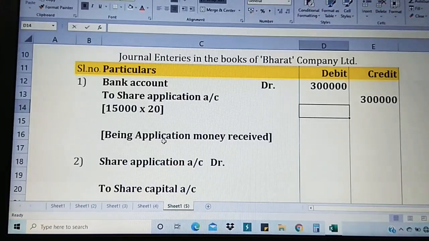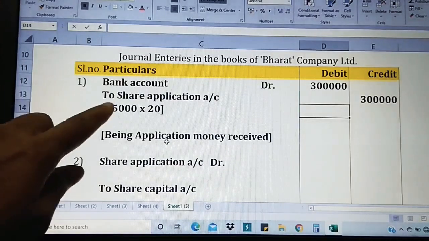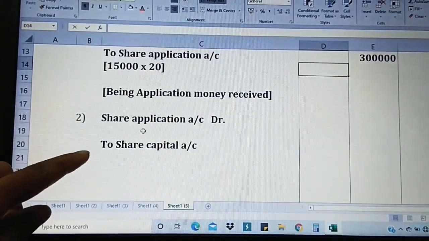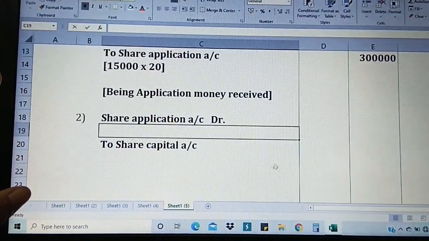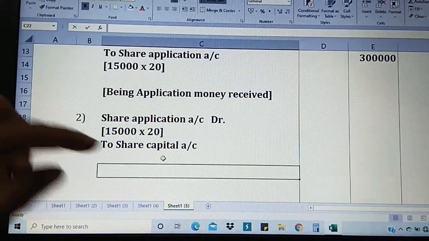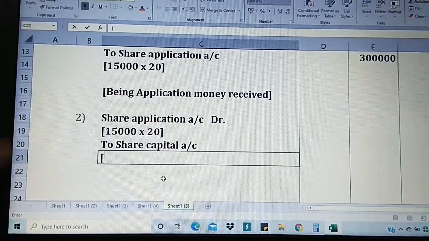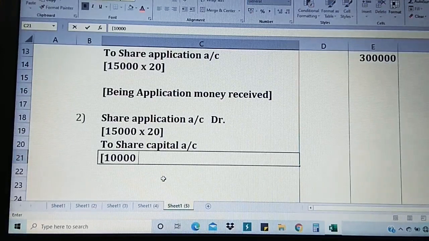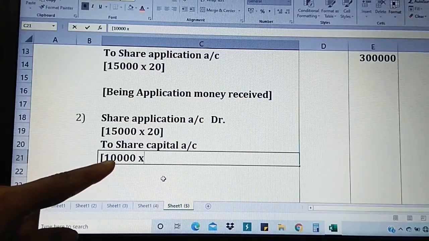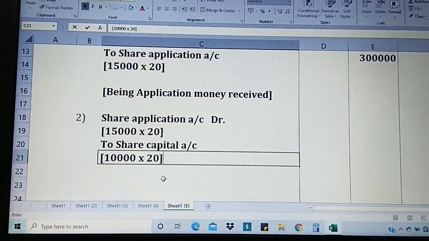Now let us go for the next step. It is a transfer entry. What is credited will be debited first: Share application account debit. Now how will the calculation be? We have to take what has actually been received, 15,000 into 20. Next, to Share capital account. Here we have to take only what we have actually issued, which means the company is permitted to issue only 10,000 shares. So we consider only 10,000 into the same rate, 20.